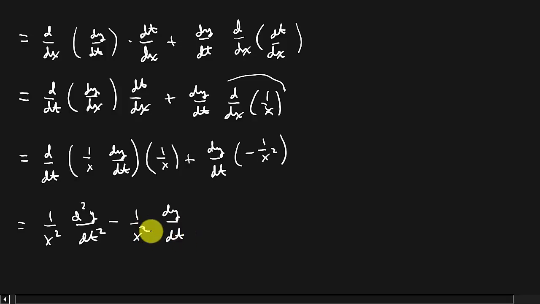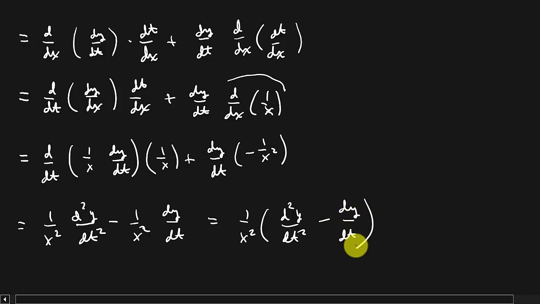We're getting everything in terms of t, so we need the derivative of y with respect to t instead of with respect to x. I can factor out a 1 over x squared, giving d2y/dt2 minus dy/dt.